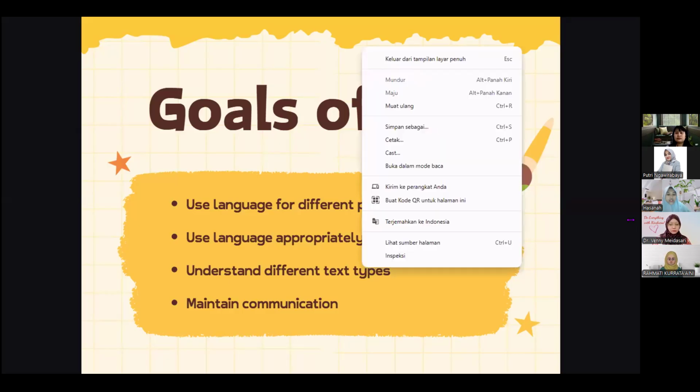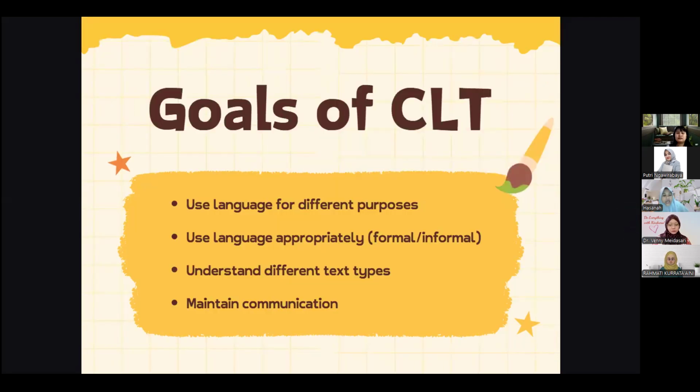This means students should be able to keep a conversation going by using communication strategies such as asking for clarification, repeating or rephrasing ideas, using gestures or body language, and using simple words when they don't know the exact vocabulary. The goal is not to be perfect, but to keep the interaction active and meaningful. This helps students become more confident and less afraid of making mistakes.